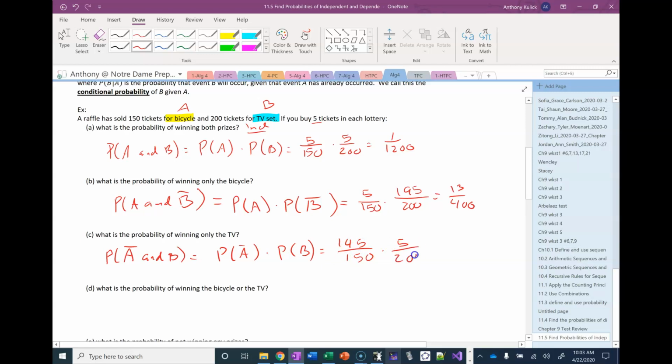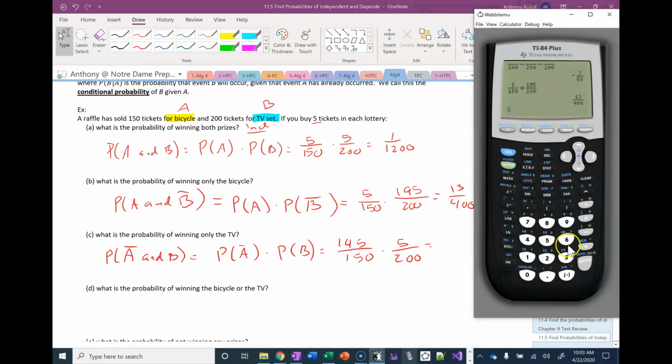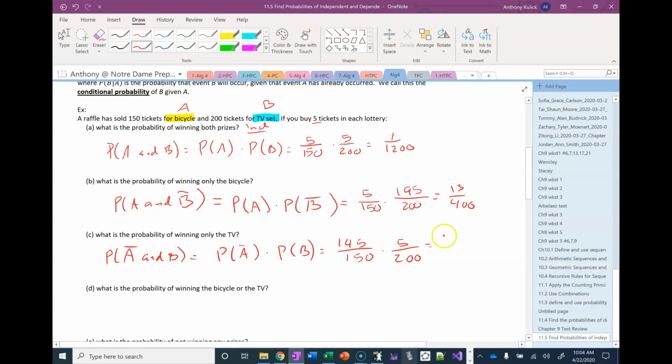And then P of B is still the same as up there. So that gives me 29 out of 1,200. Okay.